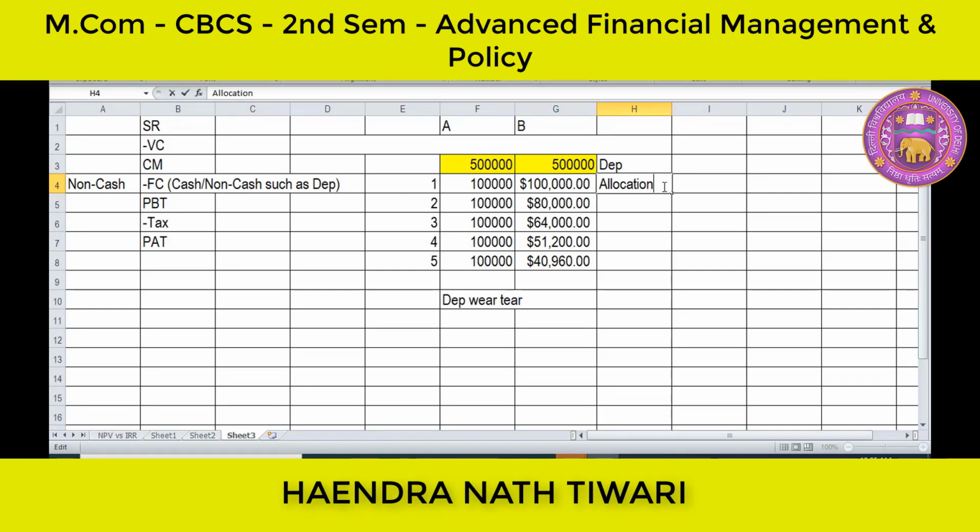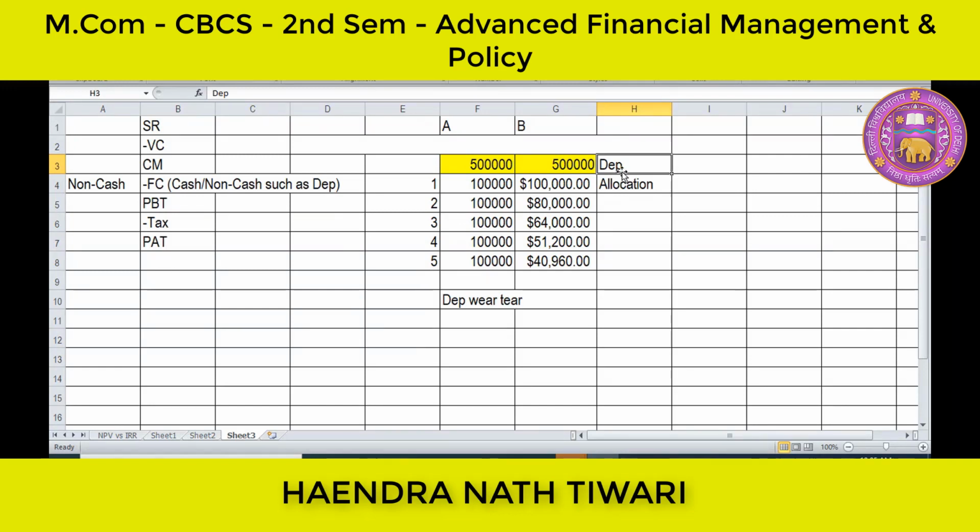What is the difference between revenue expenditure and capital expenditure? मैं पूछूंगा नहीं, क्योंकि टाइम बहुत ज्यादा लग जाएगा.